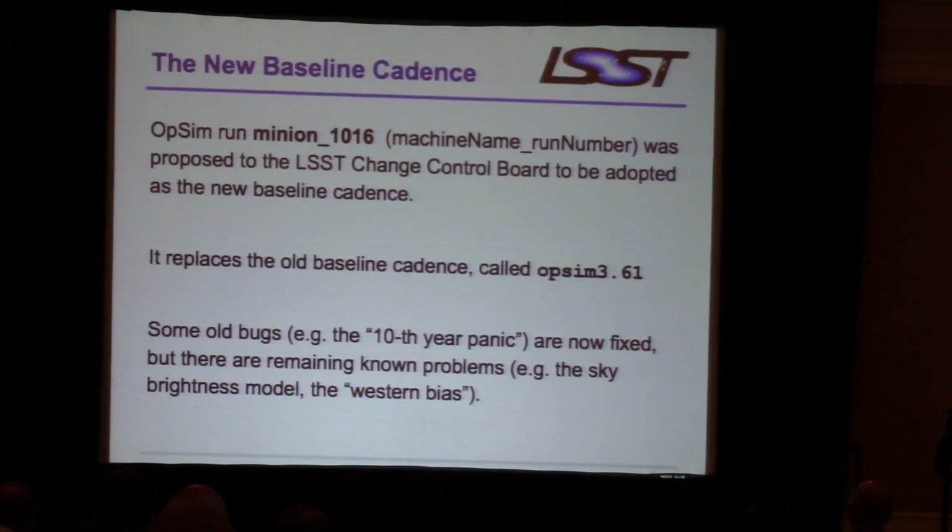So the new run is called Minion 1016. These funny names are machine names plus the run number. That's how we keep track of them. The old one was OpSim 3.61, so that one will become deprecated. I think it was 2 years ago when we reported a detailed study of OpSim 361. It had a number of, I would say, minor problems.